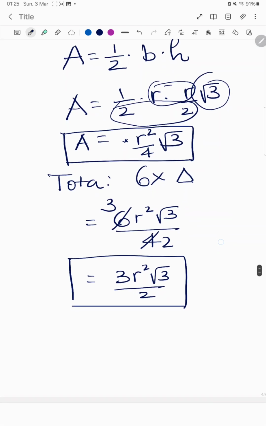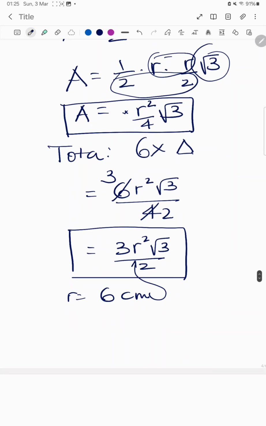The value of r is given as 6 centimeters. Then we substitute that in place of r.